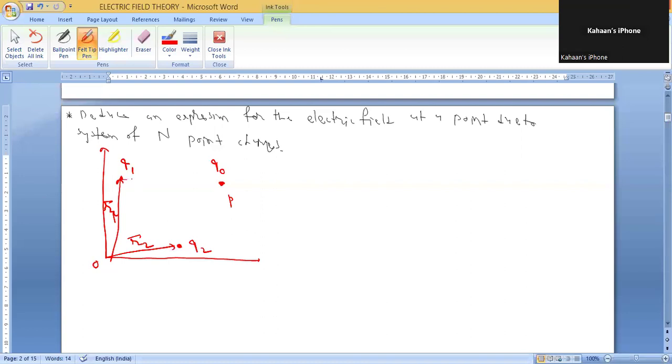First we find the electric field due to Q1 at point P, we take E1, and the electric field at point P due to charge Q2 we take E2. This is the position vector R2P, and this is R1P. So the resultant of these two fields is E1 plus E2.